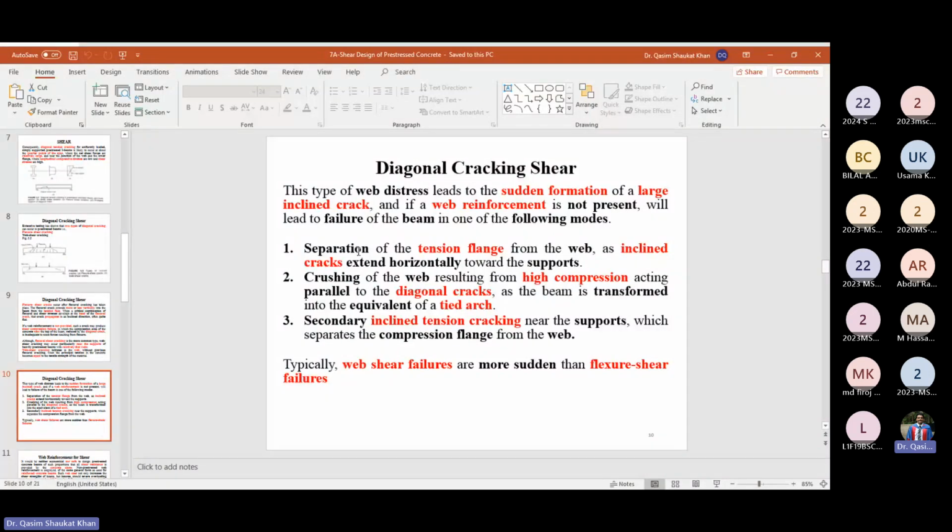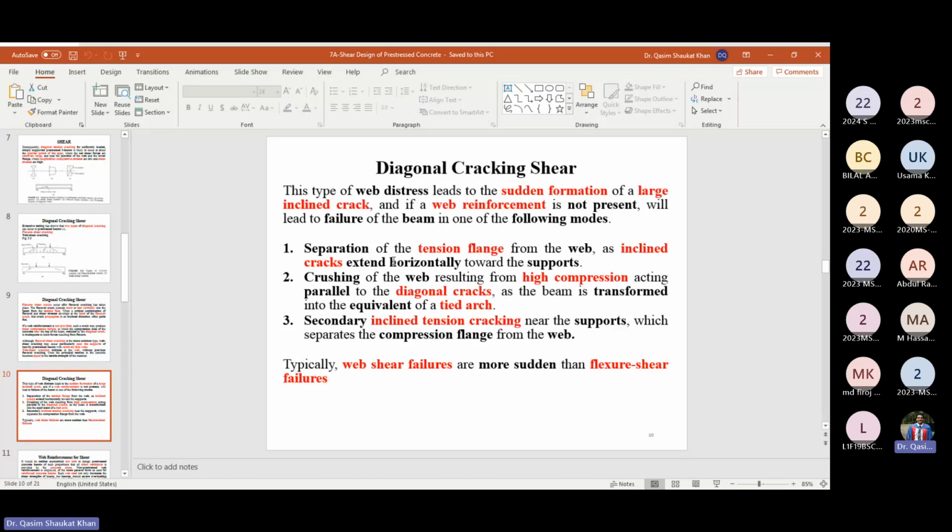One, separation of the tension flange from the web. You know that the lower part of the flange will be your tension flange, and the upper part is the compression flange. So separation of the tension flange from the web as inclined cracks extend horizontally towards the supports.